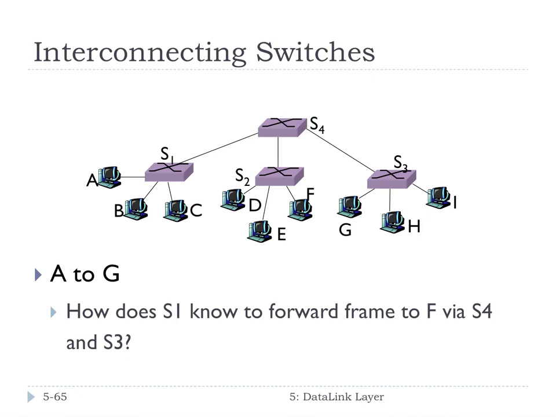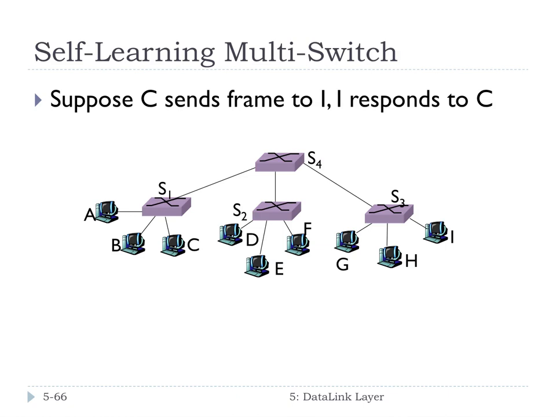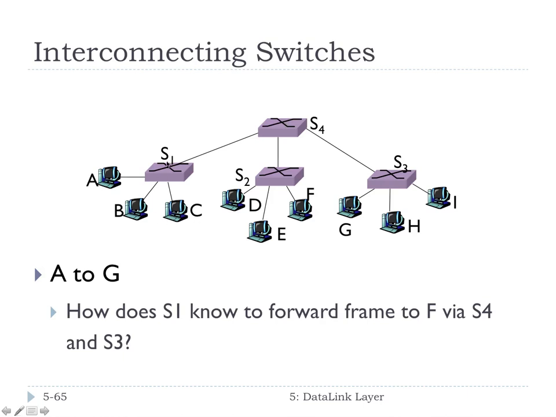Okay, so this is the good news in this case. Because of this property of self-learning, this actually works the same as in the single switch case. We can imagine if we don't have it in our table, then we're going to broadcast it, and when we broadcast it, we're going to broadcast it to some other switches, right? And if they have that destination in their switch table, they'll send it to the right interface, which might be another switch, or it might be the actual host.